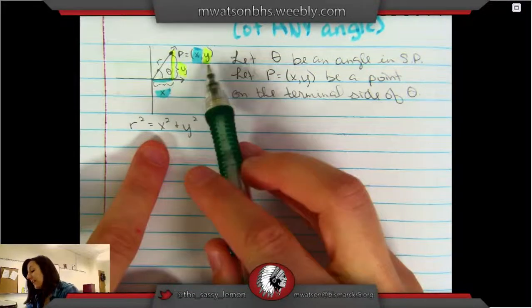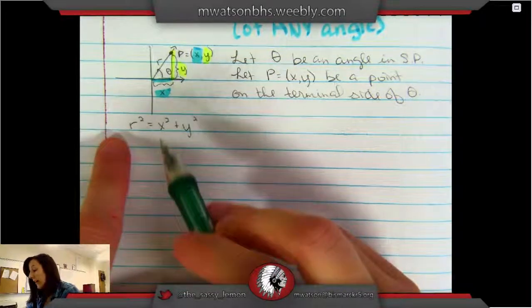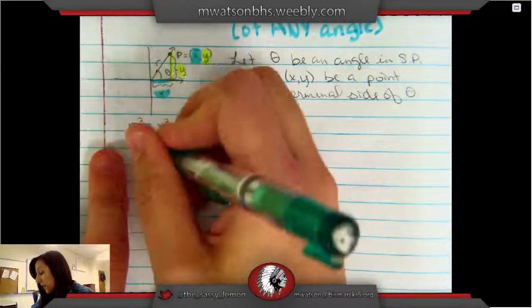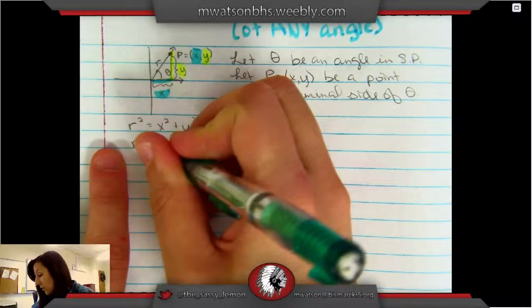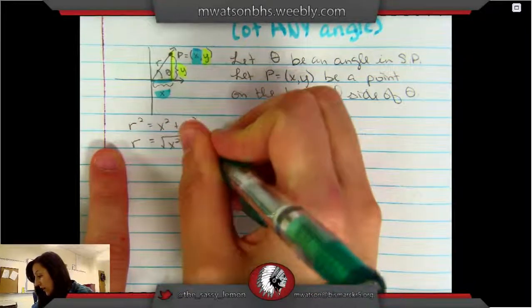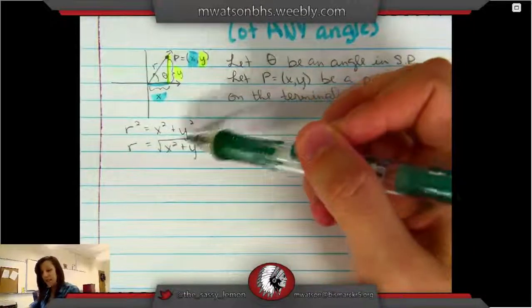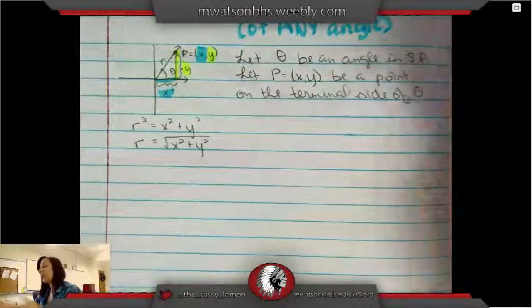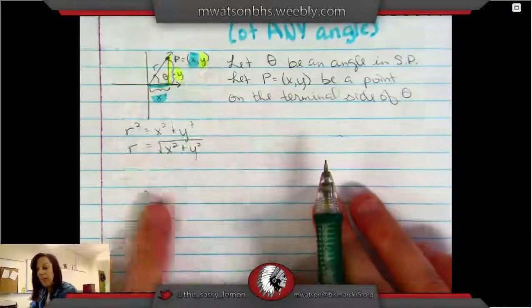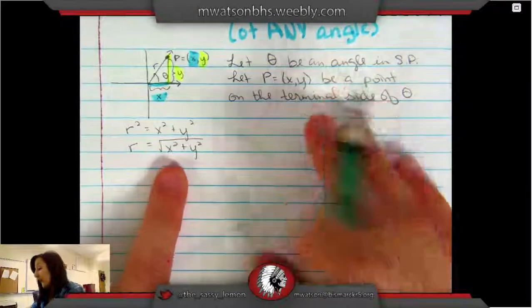So if we were given a point, then in theory we could find r by finding the square root of x squared plus y squared. All I did there was square root both sides to get r by itself. So now, no matter what my point is, I can find the hypotenuse using this little formula. So over here, we're going to state that.